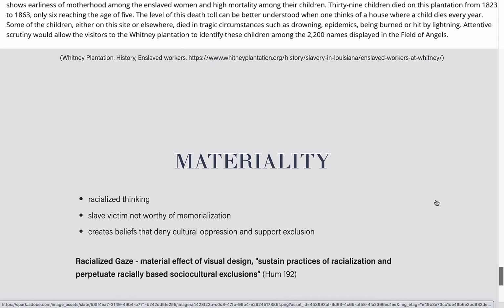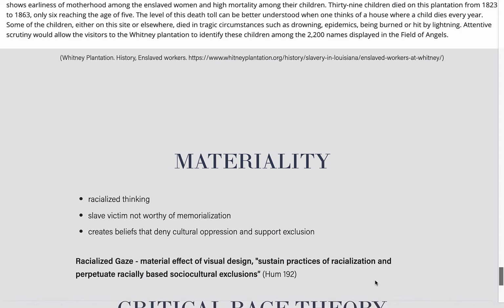Why do they complain? That's all in the past. Everybody's familiar with those usual ideas. Hum refers to it as the racialized gaze, the material effect of visual design, sustained practices of racialization, and perpetuate racially based social and cultural exclusions.